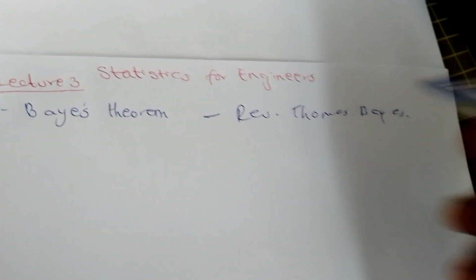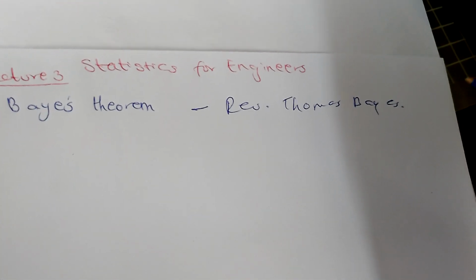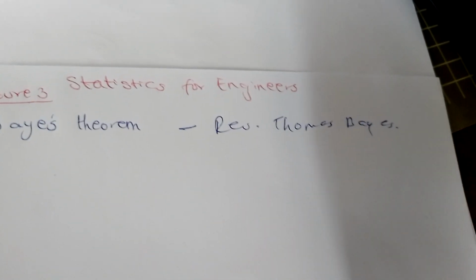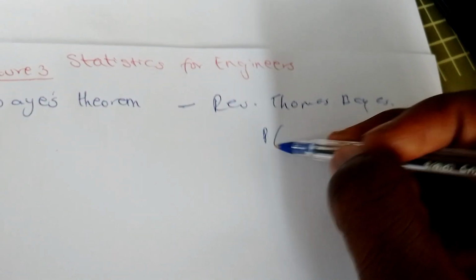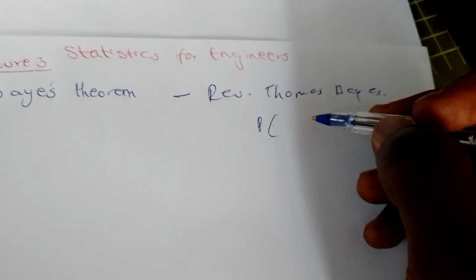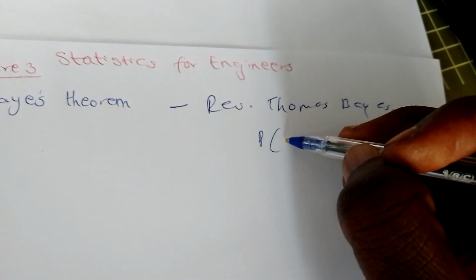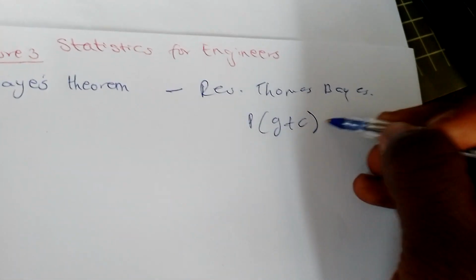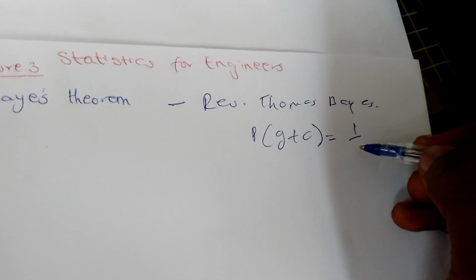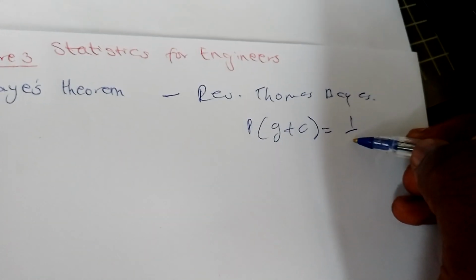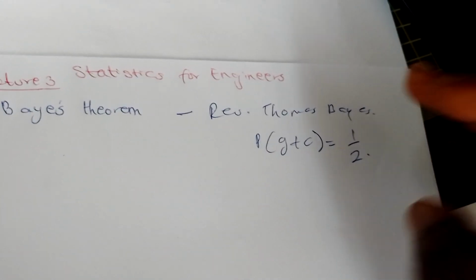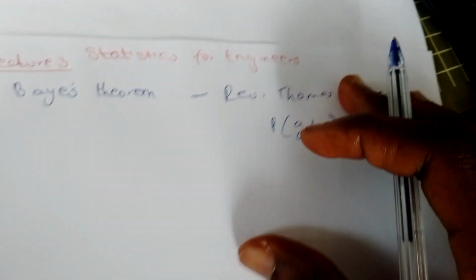Now the idea was that if we have the probability of something happening, let's say the probability of me going to class today is 1 on 2.